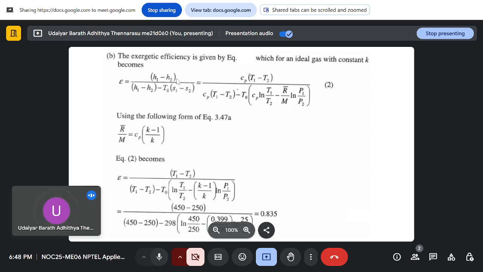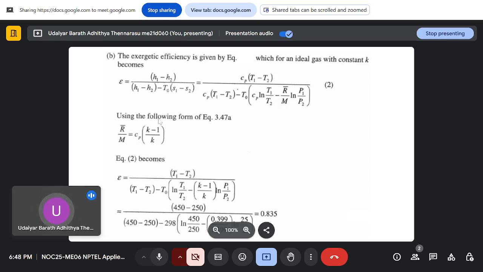I can write H1 minus H2 as Cp (T1 minus T2), divided by H1 minus H2 minus T0 delta S. Delta S, for the two states, the change in entropy, is Cp ln(T2 by T1) minus R by M ln(P2 by P1).